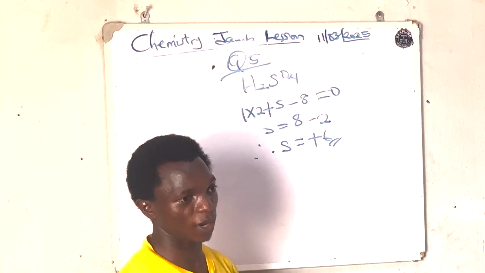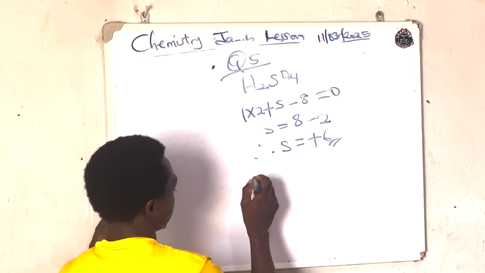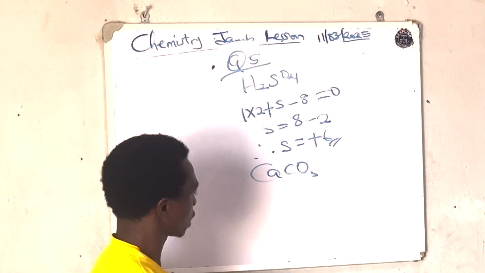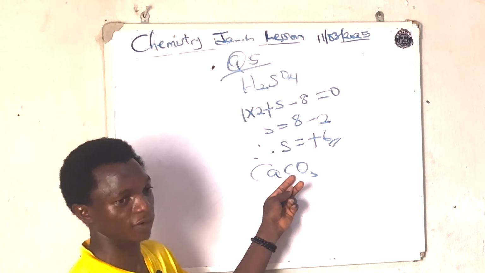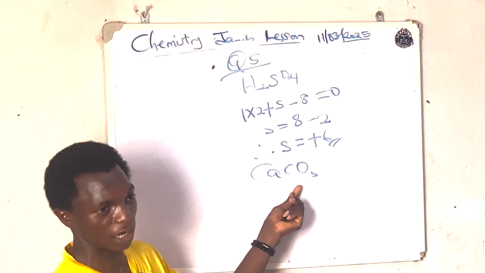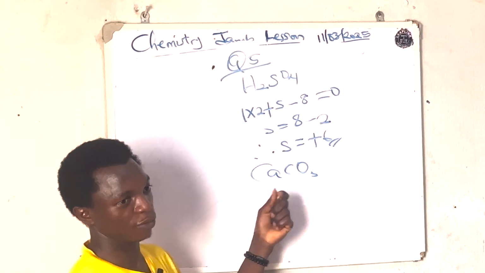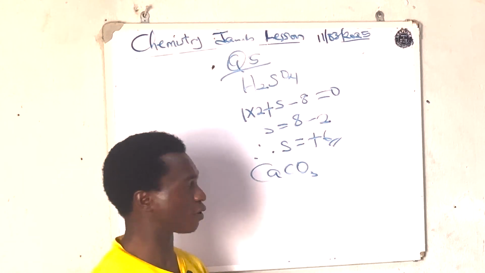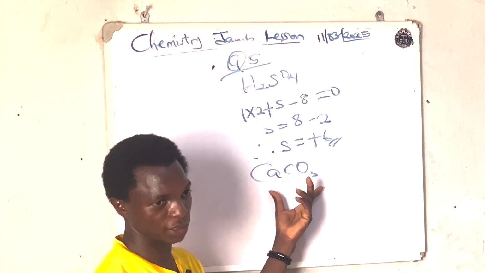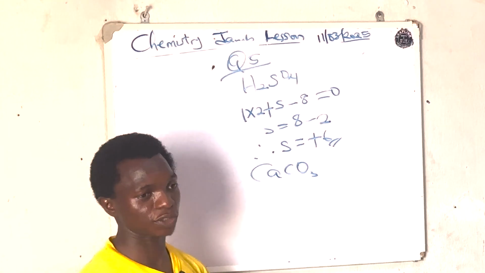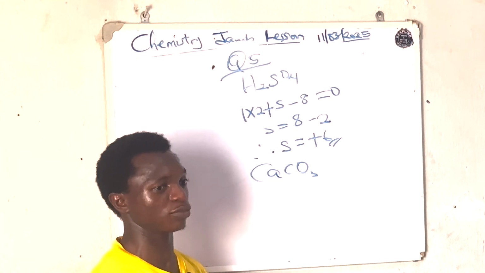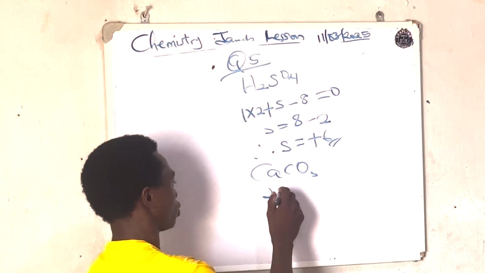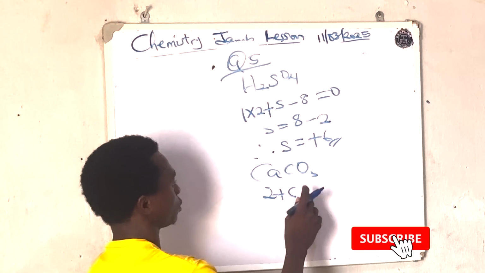For example, imagine you are asked to find the oxidation number of carbon in calcium trioxocarbonate. How do you find the oxidation number of carbon in calcium trioxocarbonate? Before I know whether it's carbonate IV or carbonate VI, it's because of the oxidation number of carbon in the compound. You must remember that calcium has an oxidation number of +2. So +2 plus your carbon.